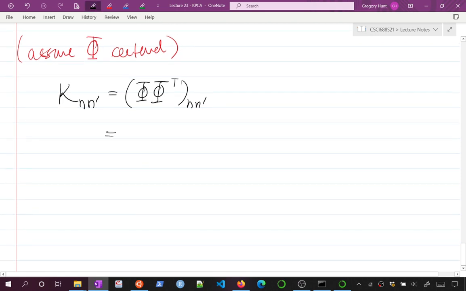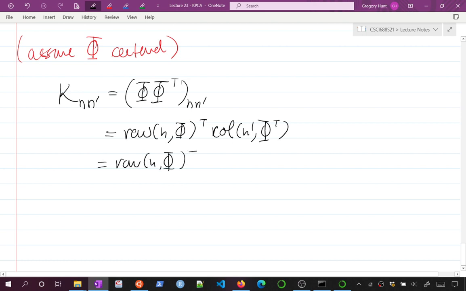And so what is that? What's the n n prime element of the product of matrices? It's the row of the first one times the column of the second one. So it's row n of phi, dot product with column n prime of phi transpose, which is row n prime of phi, because a column of phi transpose is the same as a row of phi.